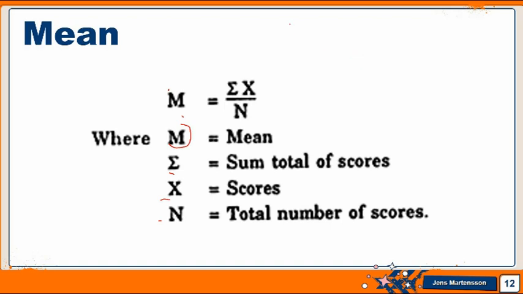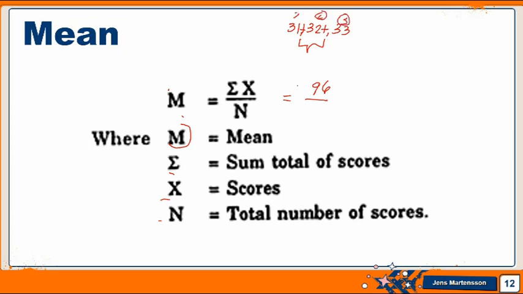So if I have 31, 32, and 33, for example, and I wanted to look for the average, I just simply add 31 plus 32 plus 33. You have 96 over the total number of scores, which is 1, 2, 3.